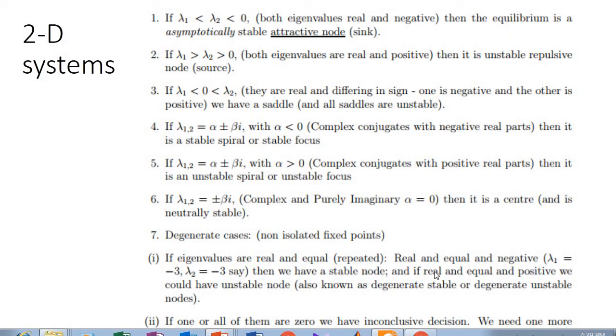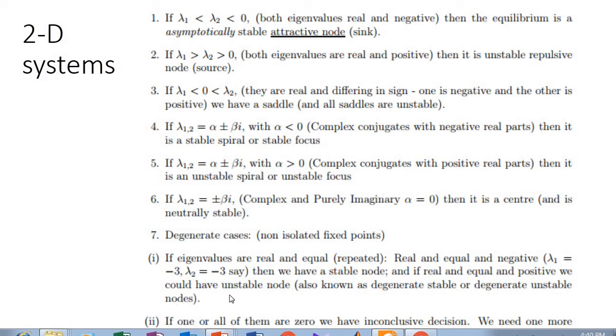And if real, equal and positive, we have an unstable node, also known as degenerate stable or degenerate unstable. If they are negative and equal, they are called degenerate stable. If they are positive, equal and real, they are called degenerate unstable.